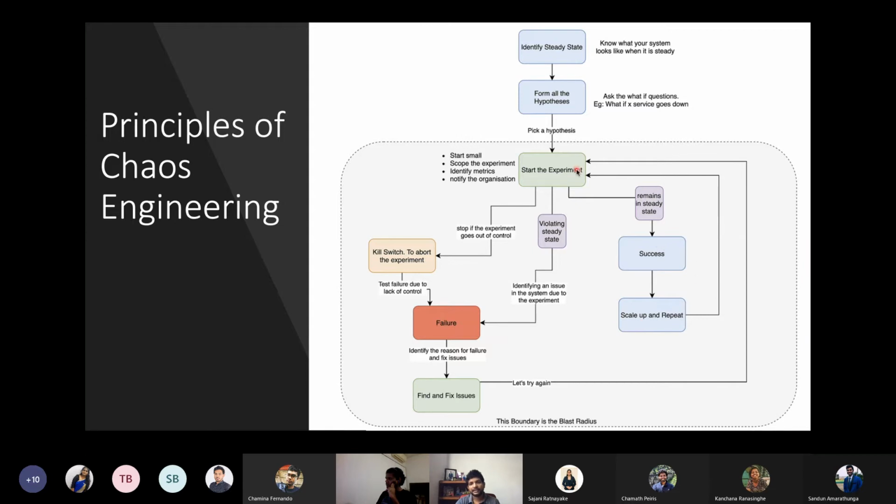That means you can start again with a bigger blast radius or scope. If it violates the steady state, that means it's a failure. You can fix it and run again. And you need to have a kill switch that will easily abort the experiment in case of something like this. So this is a simple way of running chaos engineering experiments.